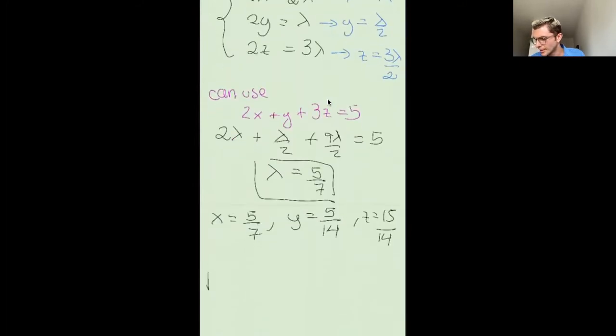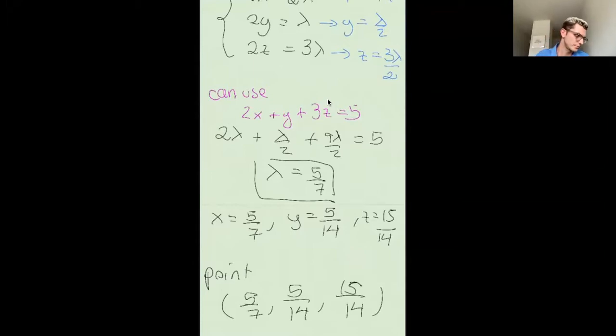So the point is 5/7, 5/14, 15/14. Okay. Is that making sense? So that's what the Lagrange method says.